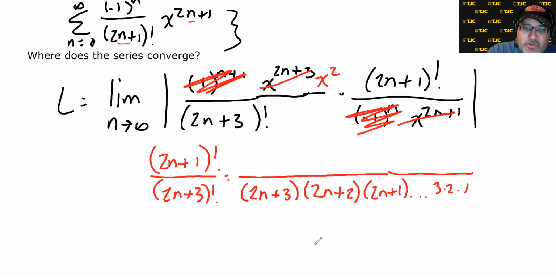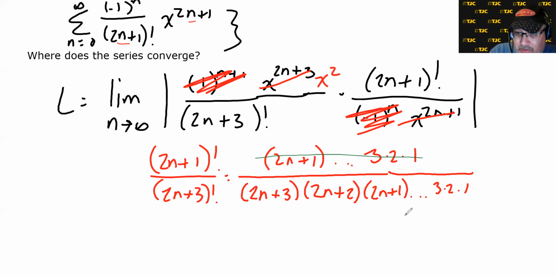What's the top one? Well, it starts with 2n plus 1, and it goes all the way down to 3, 2, and 1. You know why I didn't write the second one on that one and just jumped right to 3, 2, 1? Because I saw that this thing would cancel with all that, and I don't need to mess with it. All this cancels all that.